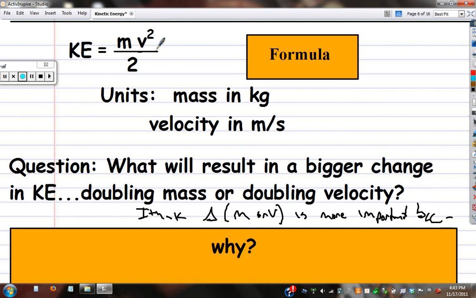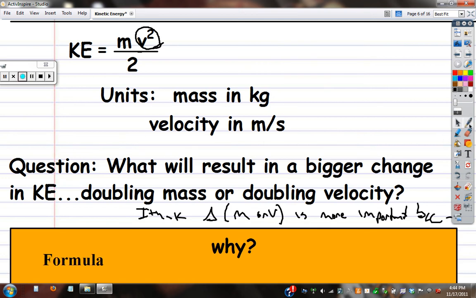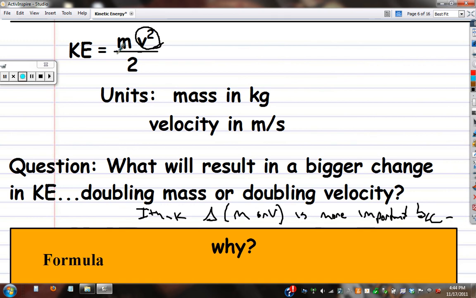The answer is it's because velocity is squared. Small changes in velocity end up making big changes in kinetic energy. If you double mass, kinetic energy doubles. A bigger object can do more work than a smaller object moving at the same speed. It's basically an inertia thing. But if we double velocity, then you have to square it. So that equals 2 squared, which equals 4 times the kinetic energy.